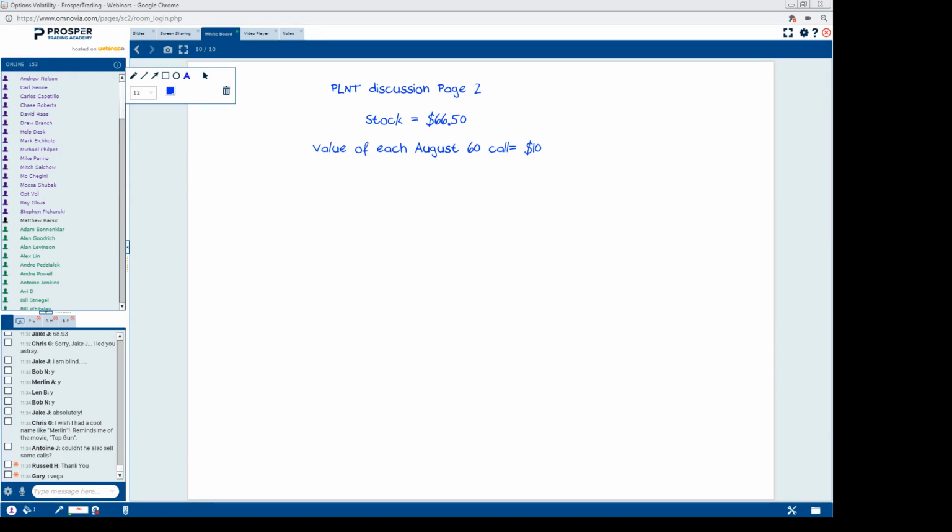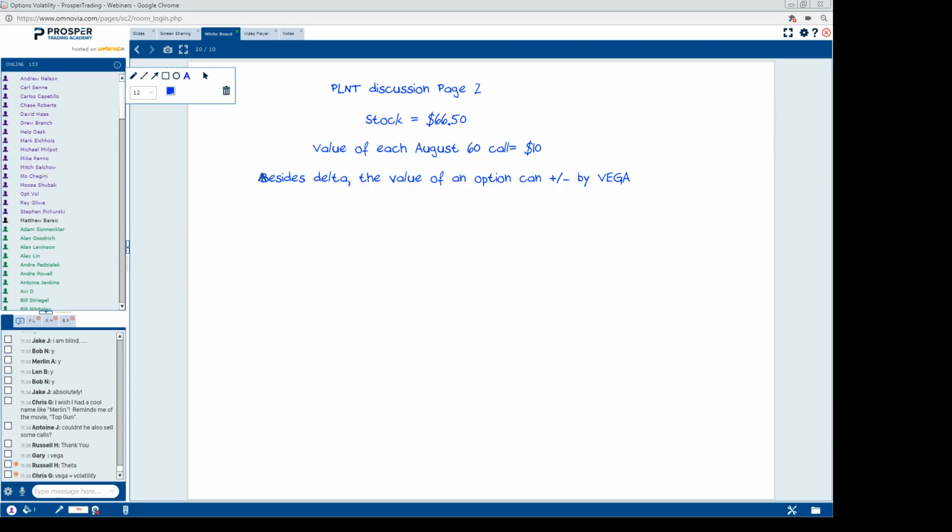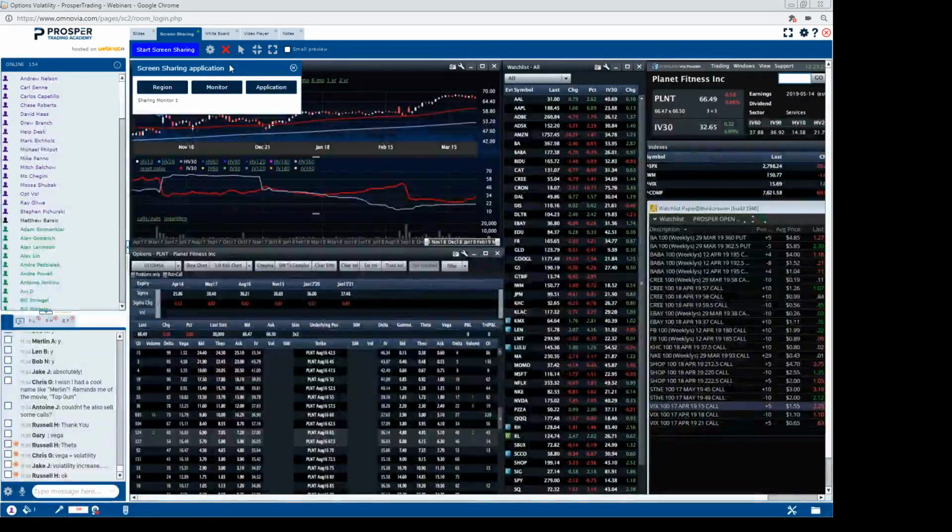So besides delta, the value of an option can go plus or minus by its volatility risk or its vega. Okay, so what is the vega for each of these options that Russell owns? And I have it listed here.